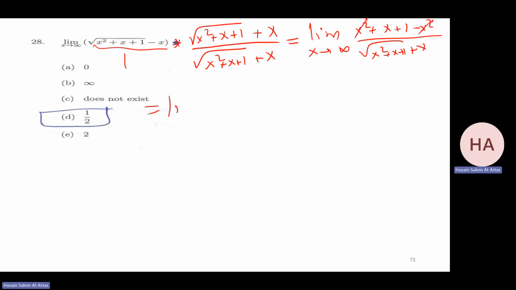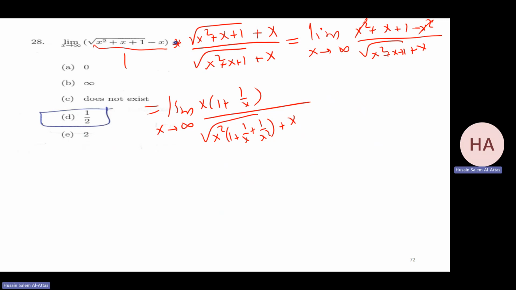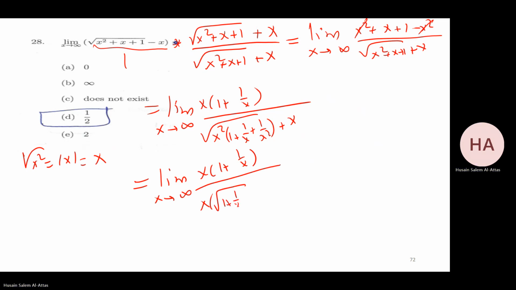Do the same thing, take x as a common factor, have 1 plus 1 over x. Here I will take x squared inside the square roots, 1 over x plus 1 over x squared plus x. Now this will be the square root of x squared, the absolute value of x, which is x, since x goes to infinity. So you take x as a common factor, and that's it. You get the answer. x, the rest, plus 1, cancelled. So you have 1 over 2, which is this.